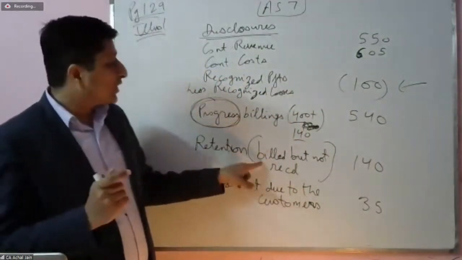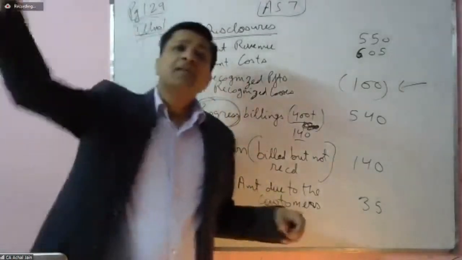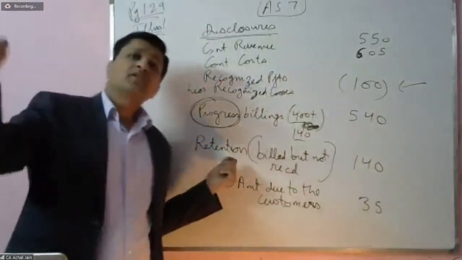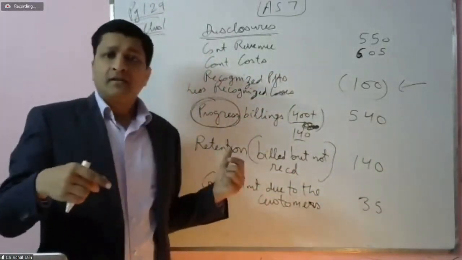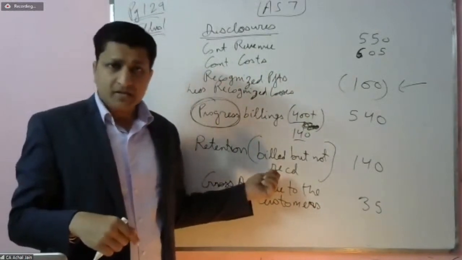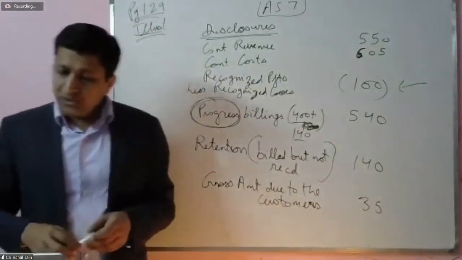So whatever is not billed is the amount which is held by the customer. Retention means something which the customer has held, and which will therefore be collected by us. So this becomes 140. Pooja is clear on this.